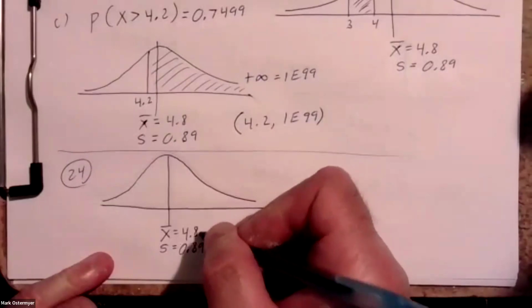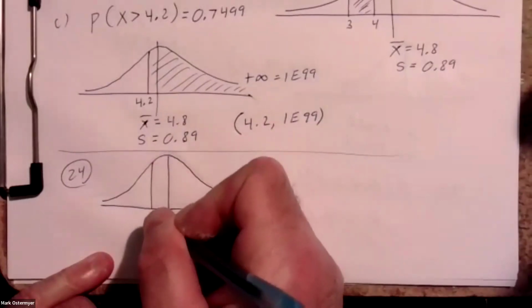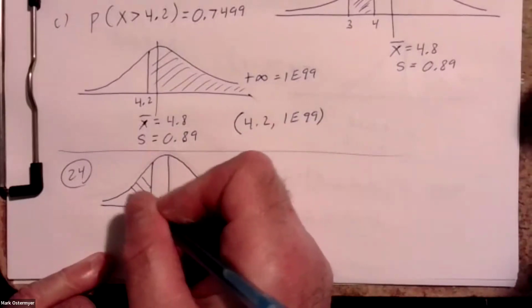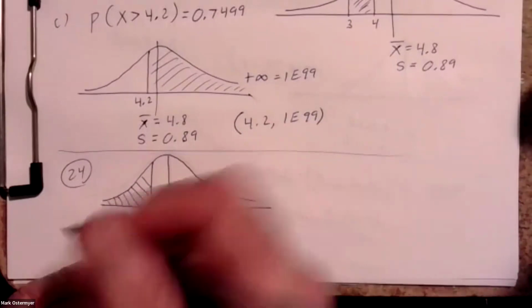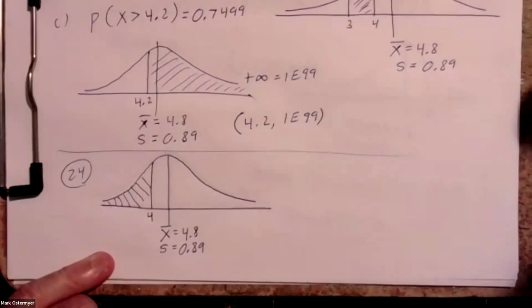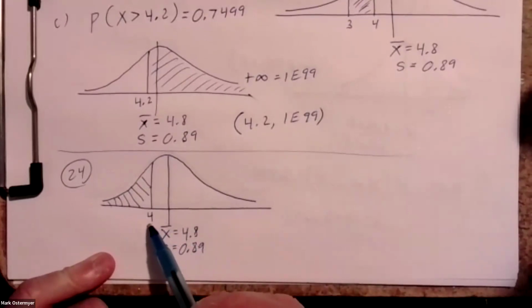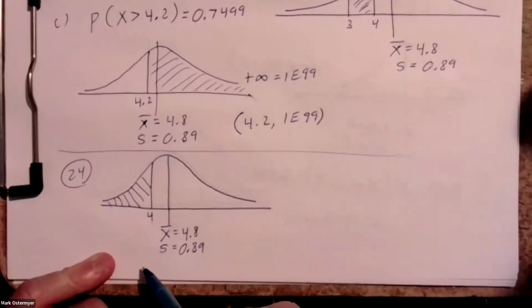So 4 years is going to be less than 4.8 years. I'll put 4 years down here. So they want us to now find this area here, what percentile 4 years is.